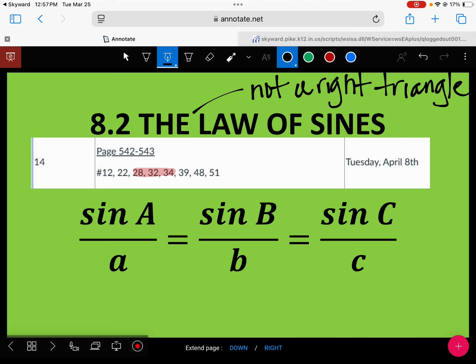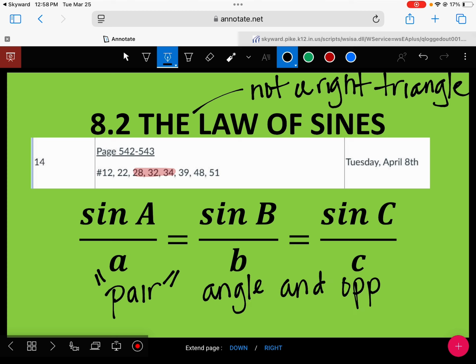So now what we're going to learn is the law of sines. The law of sines can be used with any type of triangle, including a right triangle. It can be used for anything. The one thing you have to know is a pair. And by pair, I mean you have to know an angle and opposite side for this law.